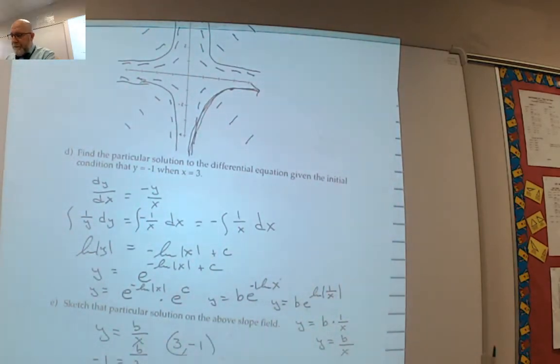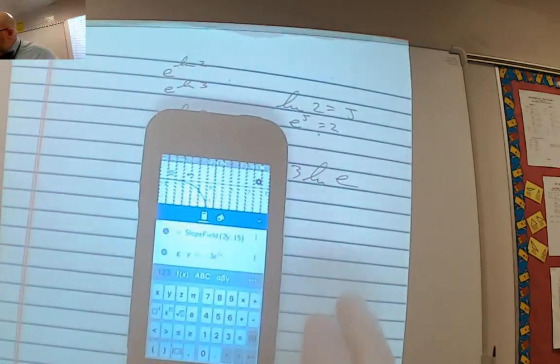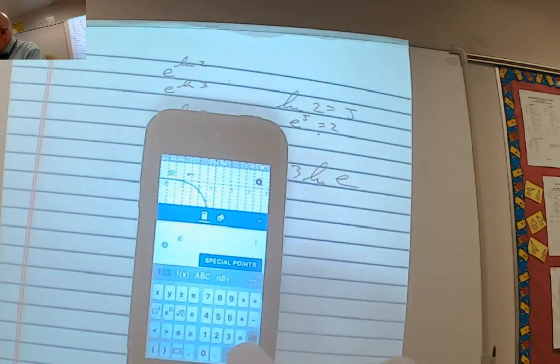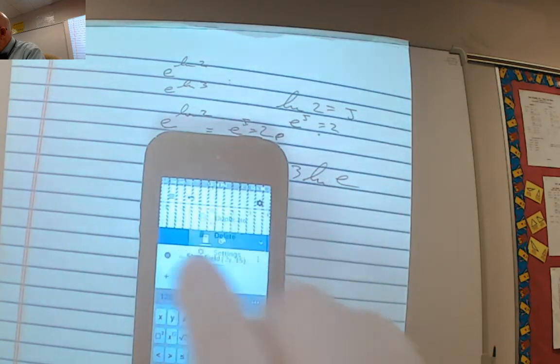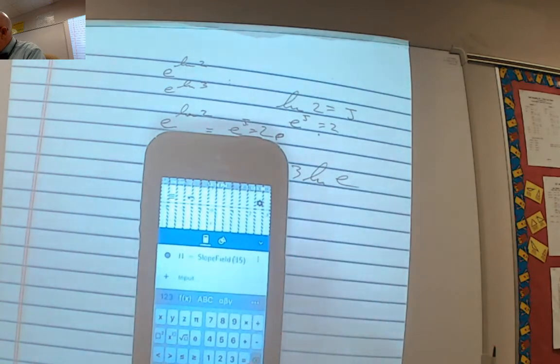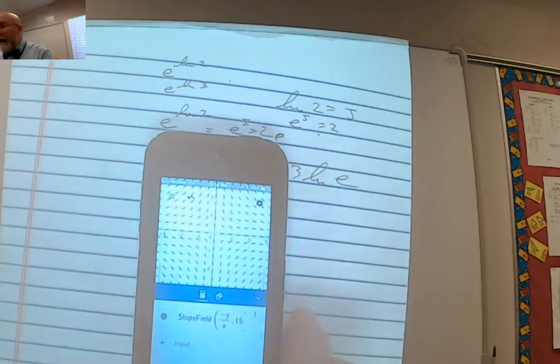Go to my cell phone. Okay, was that our graph right here?